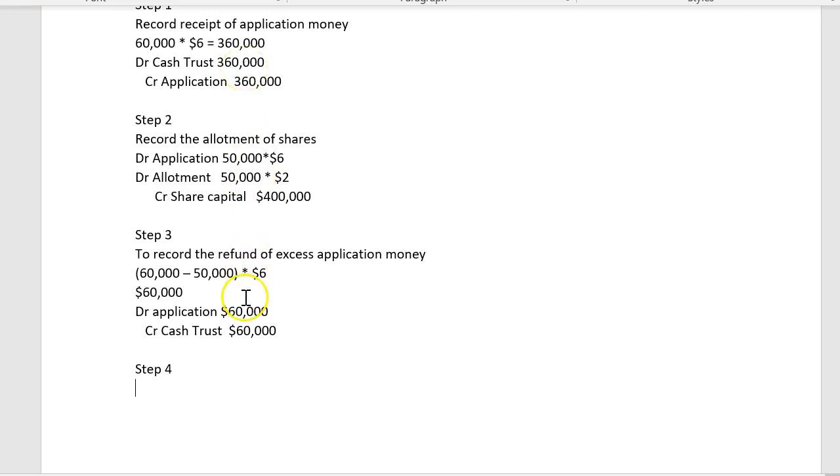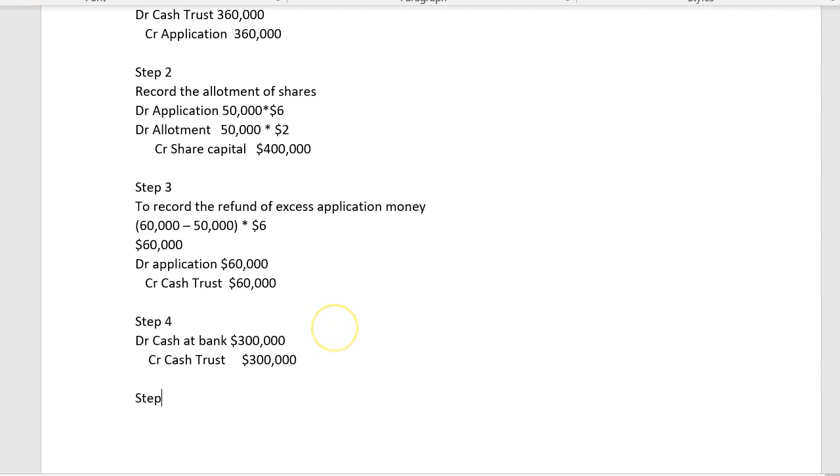You subtract the refund of excess application money, which means they have $300,000 in their cash trust. So you debit cash at bank 300,000 and you credit cash trust 300,000.